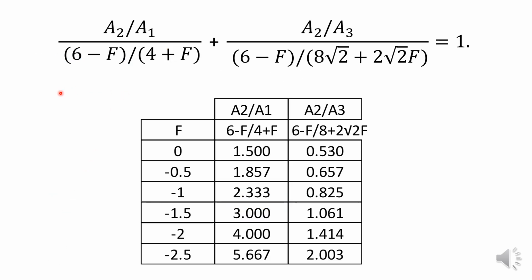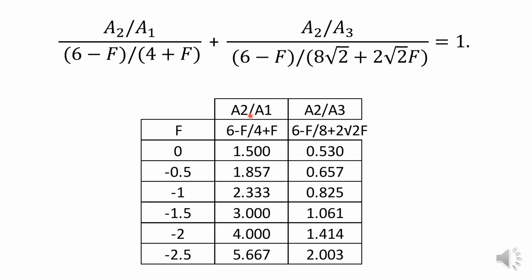Let's look at this equation we obtained before, where under the given loading we obtained this for our compatibility equation. We expressed it in this form. Here what I'm doing is I'm making a table. I am putting in different values of f, and I am obtaining the two denominators here.